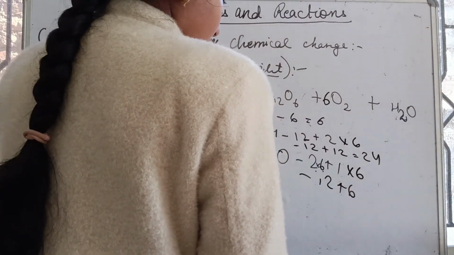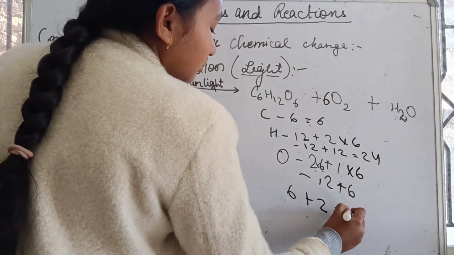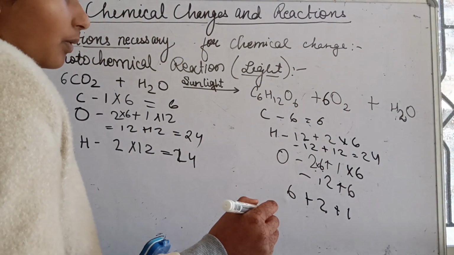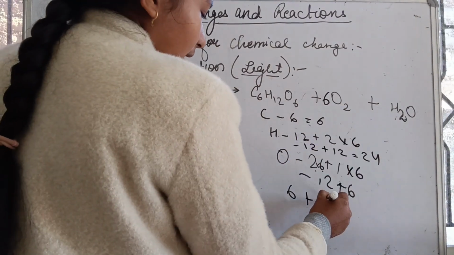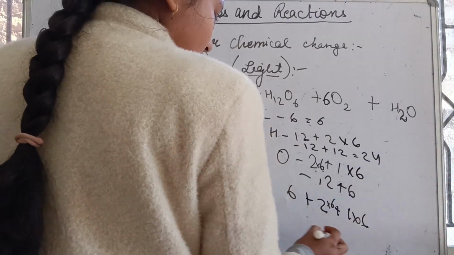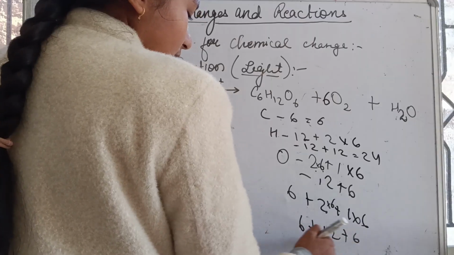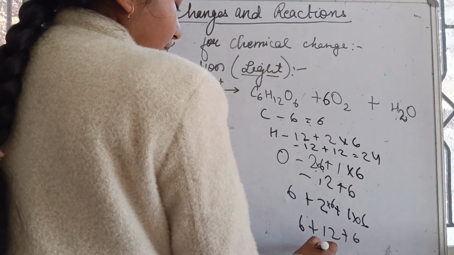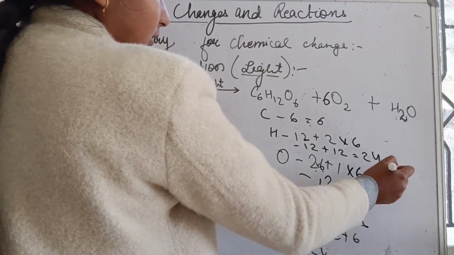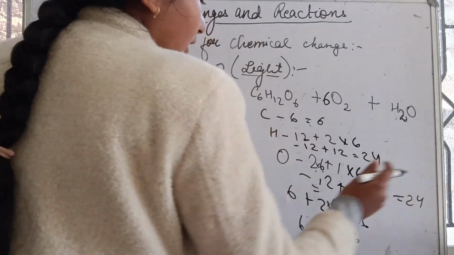Wait, here it is 6 plus 2 plus 1. So in this one we have multiplied by 2, and in this one we have multiplied by 6: 6 plus 12 plus 6, 24 plus 6 plus 6 is equal to 30.